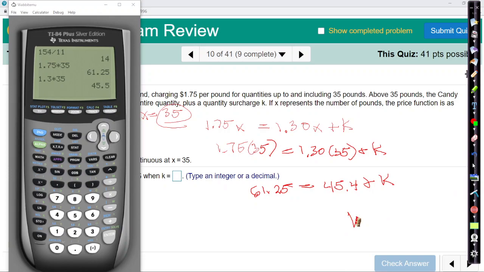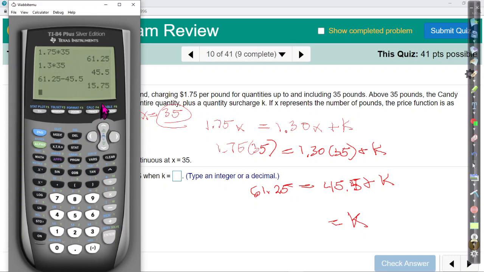and I don't have to show all my work. I can just do my work. So 61.25 minus 45.5, oops. See, I tell you, that's why when you use the calculator, it helps you see exactly what you're doing, sometimes, if you pay attention.